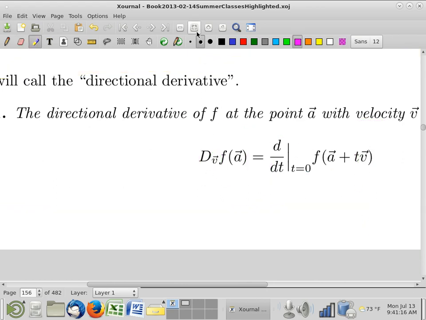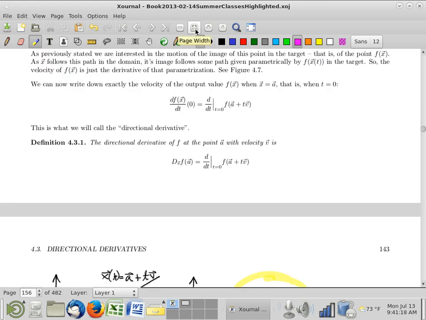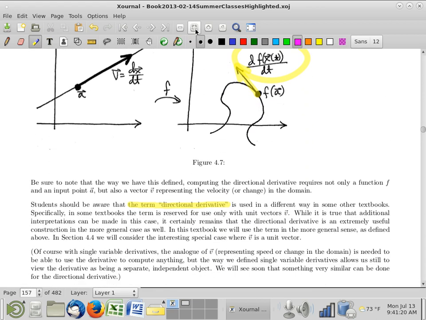Let me acknowledge a semantic awkwardness. This thing that I'm calling the directional derivative is not exactly the same as other uses of this term.